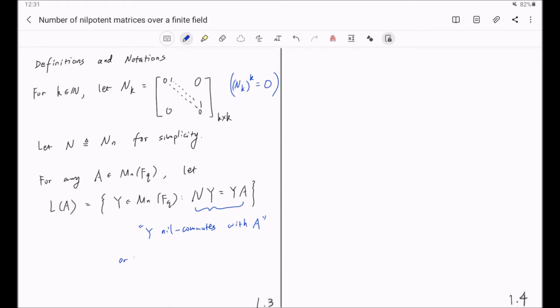Or we may also call this that A nil commutes with y.